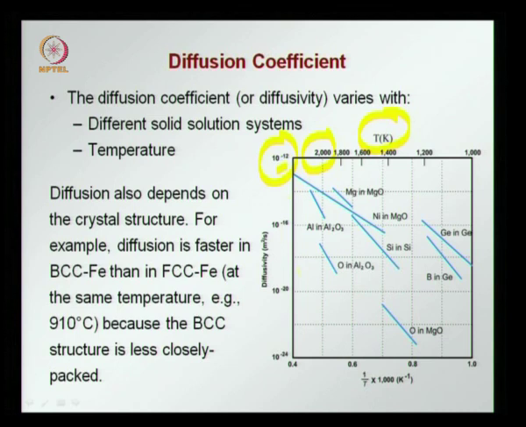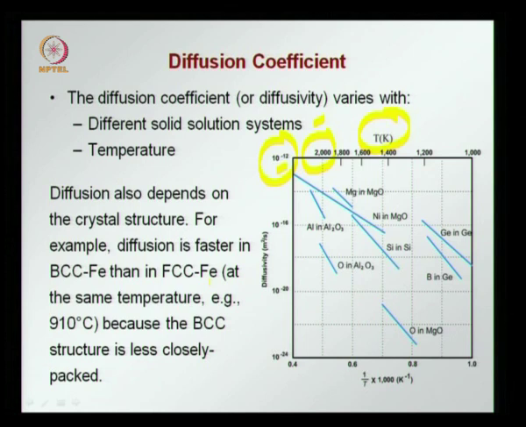Coming back to the first aspect, we find that the diffusion depends on the crystal structure through which the diffusion is going to occur. For example, we find that in the BCC iron diffusion is faster than in the FCC iron at the same temperature.